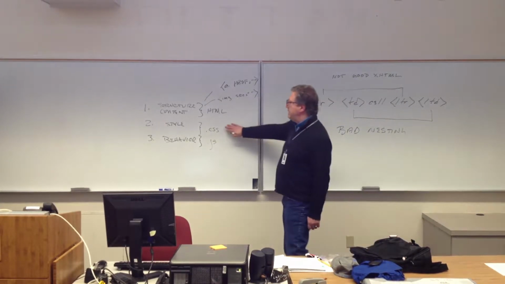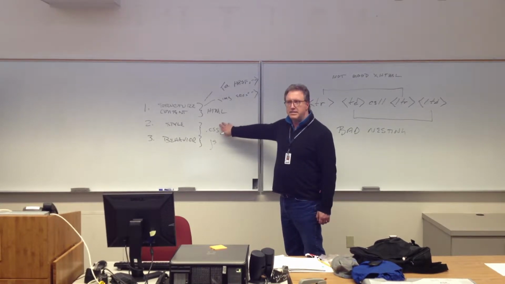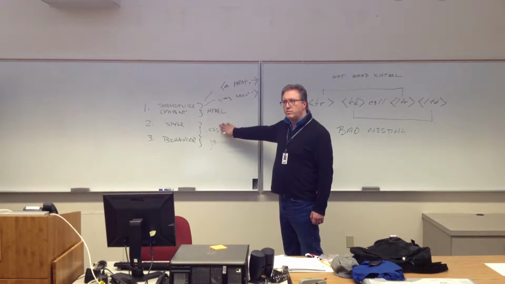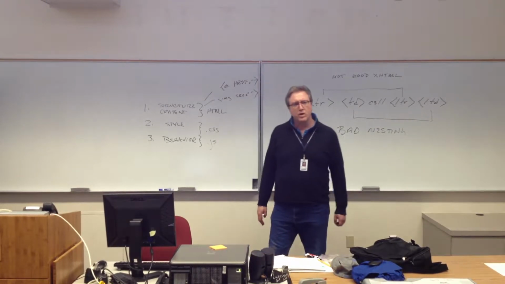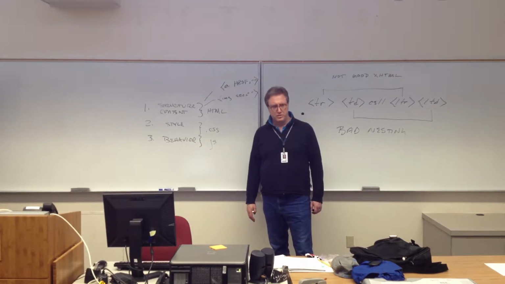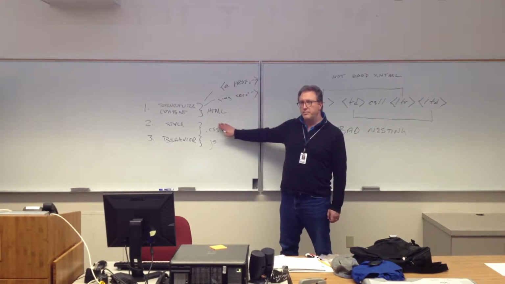Now, we haven't hit this yet, but you can have styles inside your HTML. Remember, where are the styles in your journal file right now? They're up above the body. So you can have styles inside your HTML file.